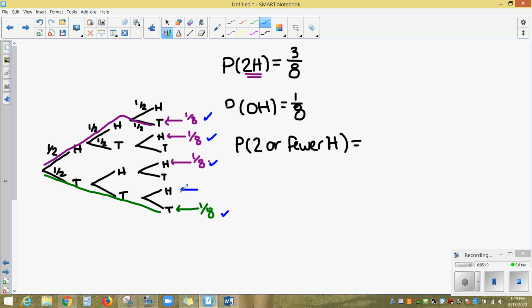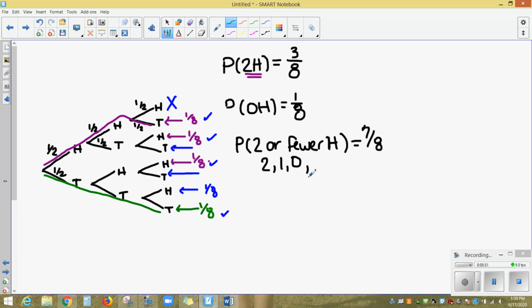I would have to include 1 head, 1 head. And this is the only branch that isn't involved. If we count them up, I missed one. There's one, also 1/8. If we count them up, 7/8. Again, on this example, counting 2 or fewer heads, not a big deal. Counting 2 or 1 or 0.